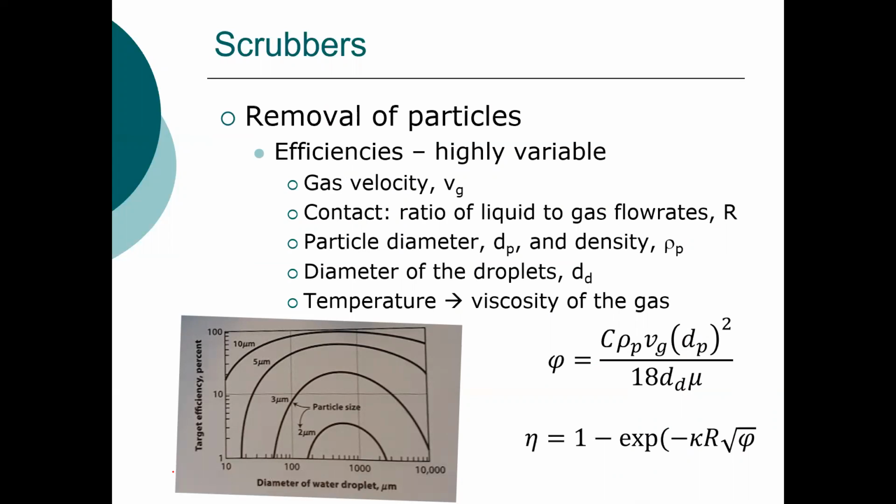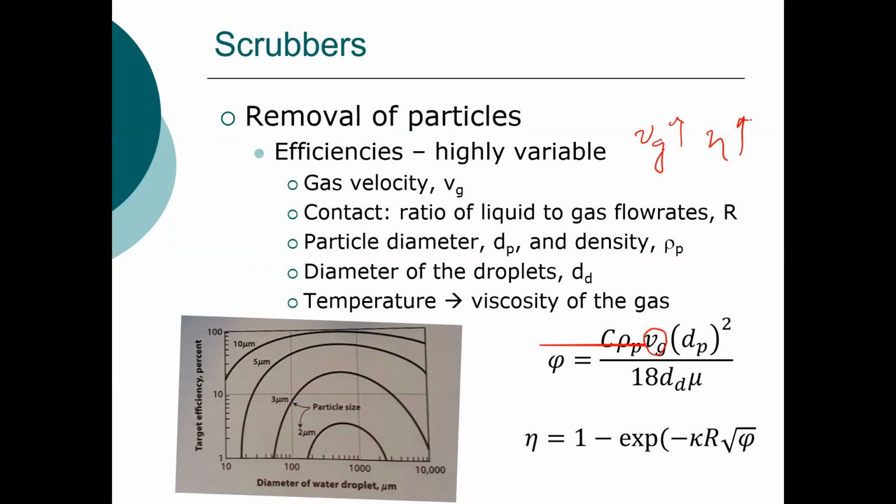Now, the efficiencies on these units are extremely variable, and they are dependent on a number of terms. One is the gas velocity, and you can see it here. As the velocity of the gas increases, so does the efficiency.